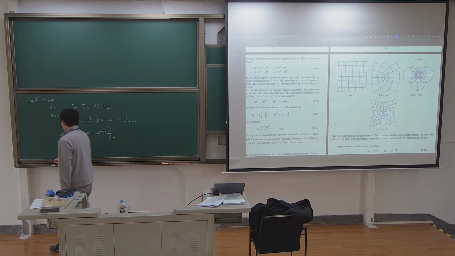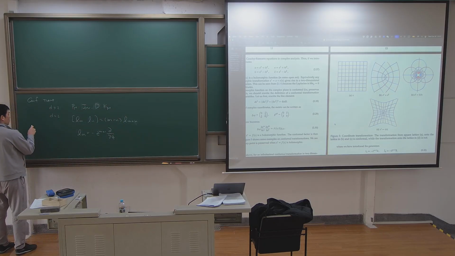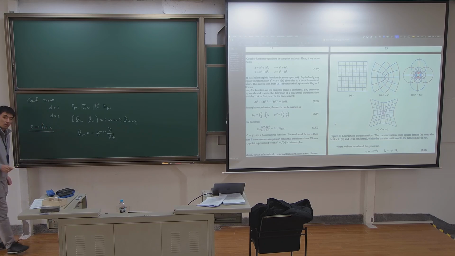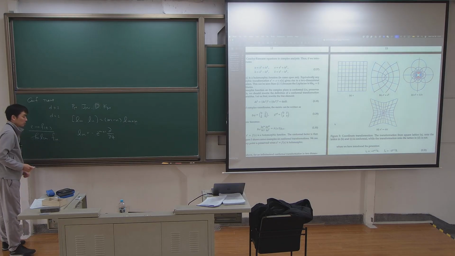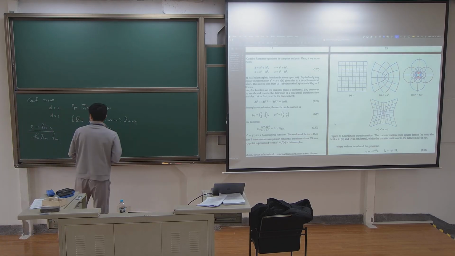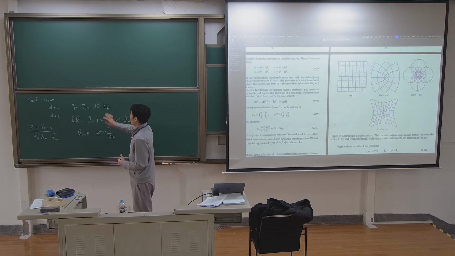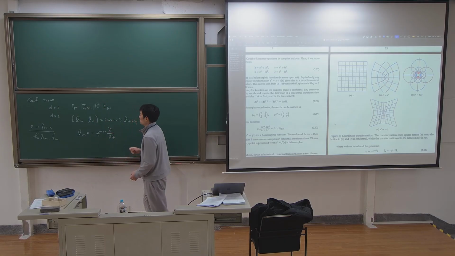And then in the d equal to 2 case, the conformal transformation is given by just z goes to f of z, so it's a holomorphic function. Whereas this one is a bit more involved.